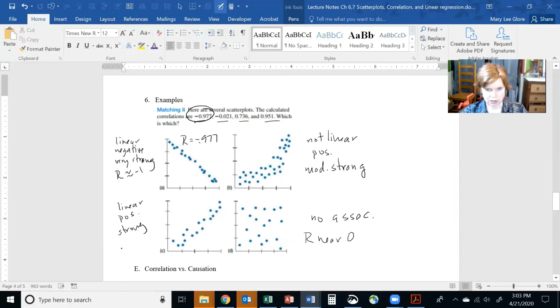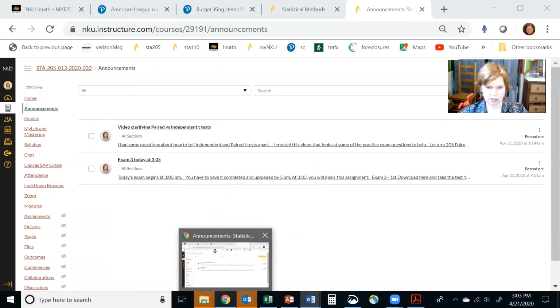And this one, I'm thinking R should be around 0.9. So we said this one's that. So near 0, this -0.021, that's going to be this one. The 0.951 positive, that's going to be this one. So the last one, this is R equals 0.736, which is, who cares, right? It doesn't matter because it's not linear.